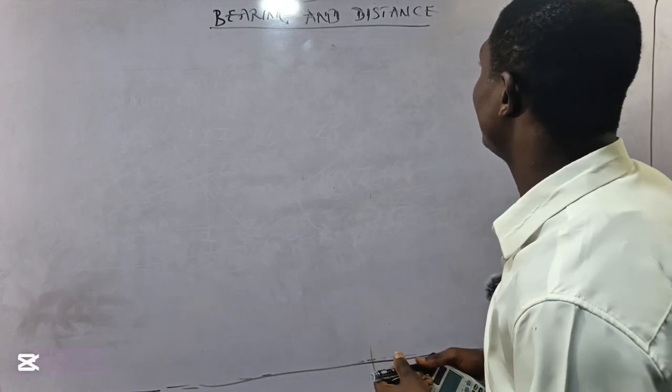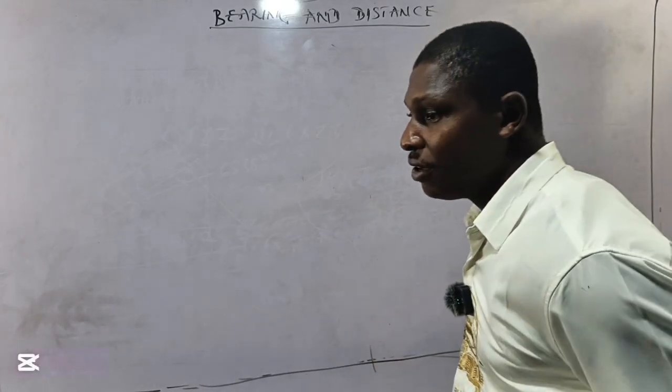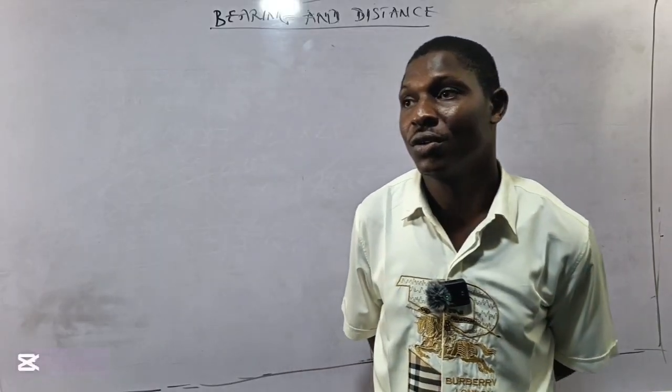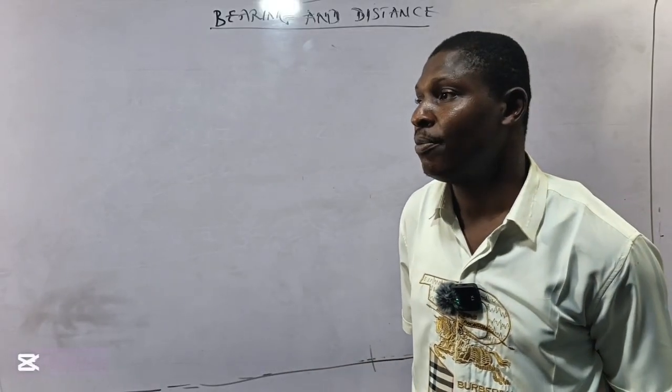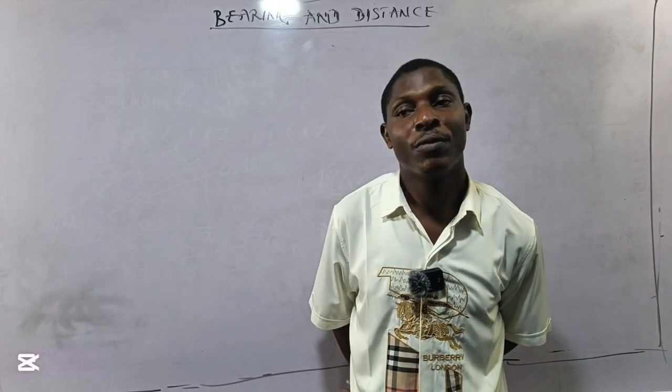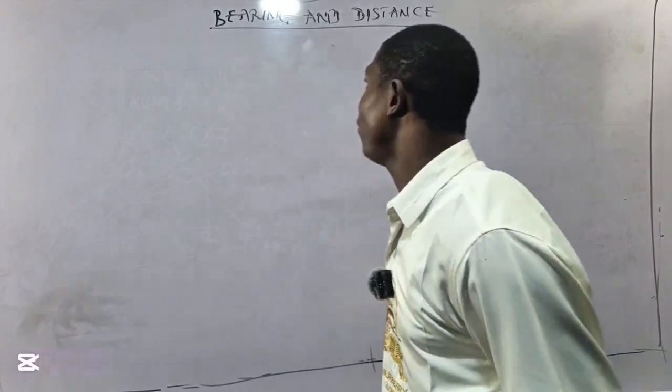So I'll start with what bearing is. Bearing is simply an angular distance that is measured from a reference point, be it 0 degrees or from the north. And we have two types of bearing.